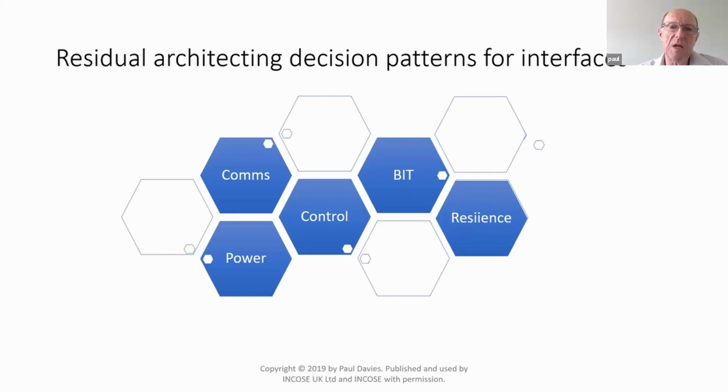And I will take built-in test as a particular example to say, are you going to have one central system element that understands all of the test signals needed by every other system element in the system? It generates those test signals, propagates them, waits for the tellbacks, and then interprets the outcome.